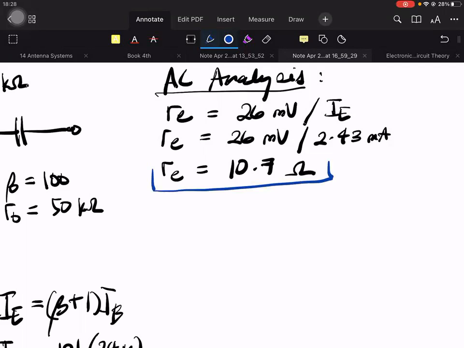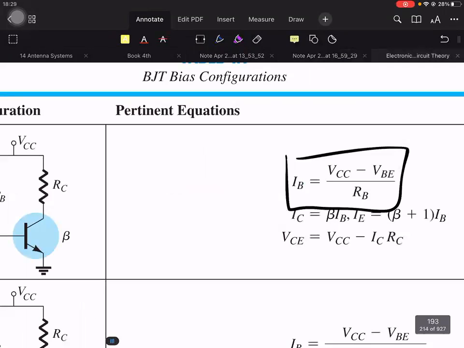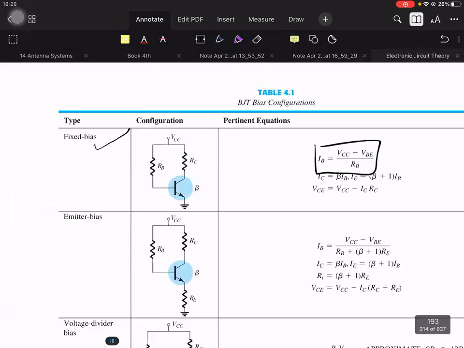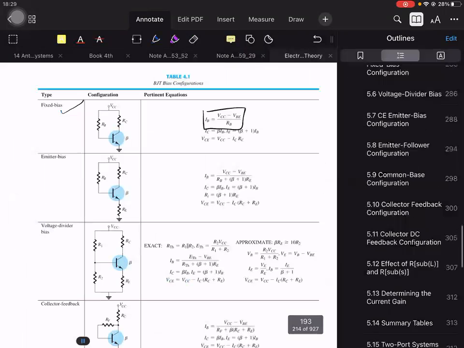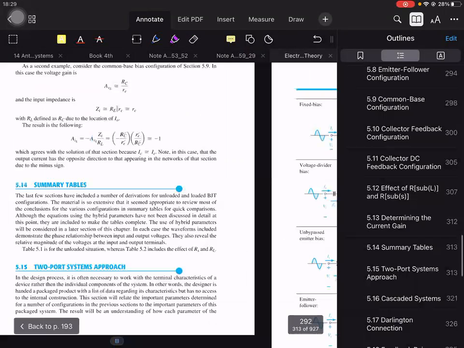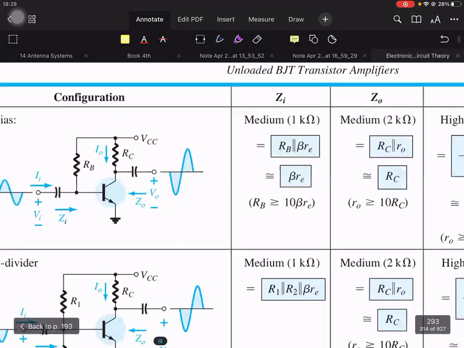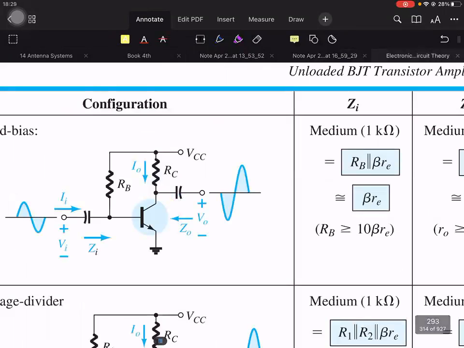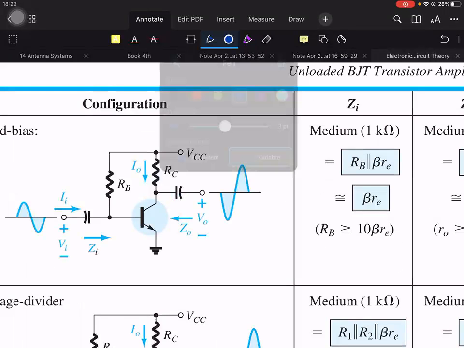So once we have solved RE, we can solve the impedances. ZI is RB parallel beta RE.